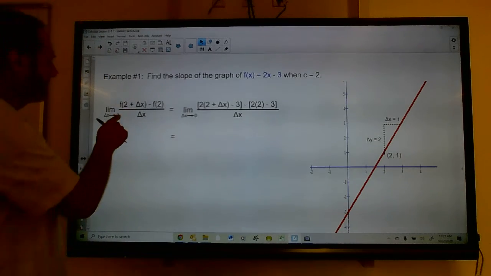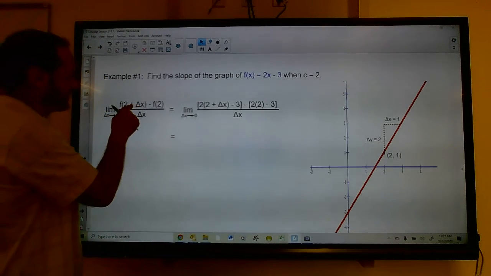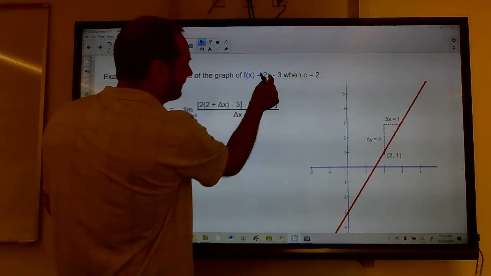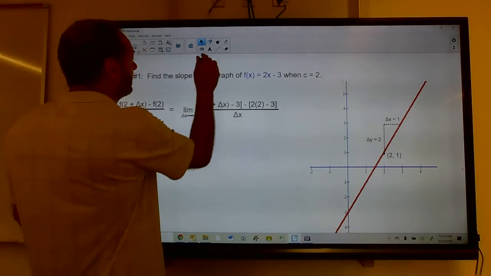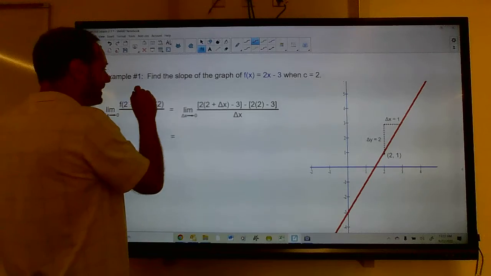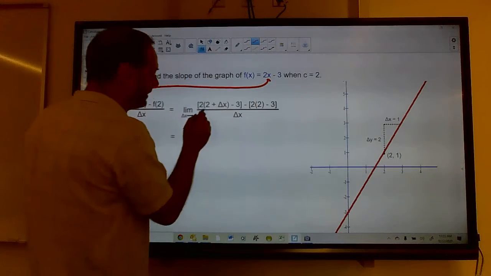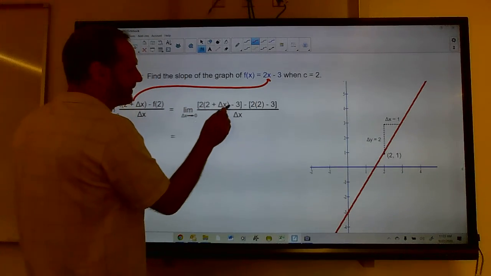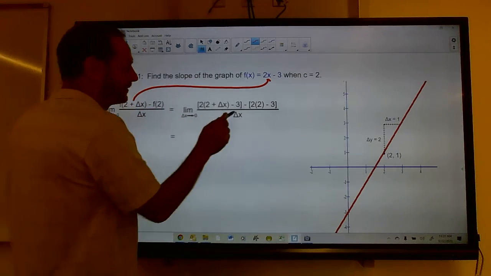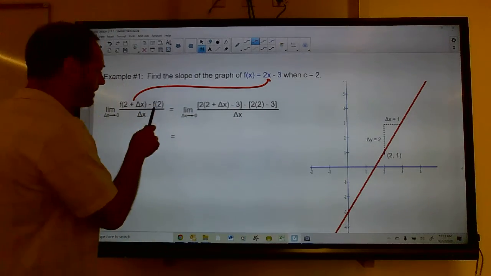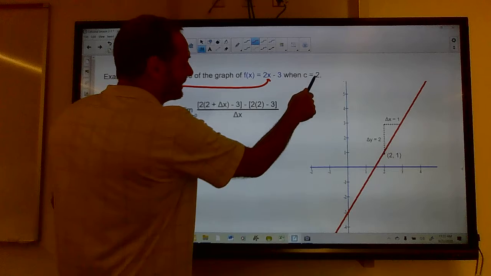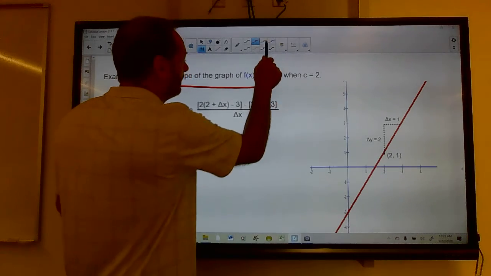So I take 2 plus delta x and I put it into here, and I get 2 times (2 plus delta x) minus 3, minus f of 2. So I'm going to take the 2 and plug it in here.